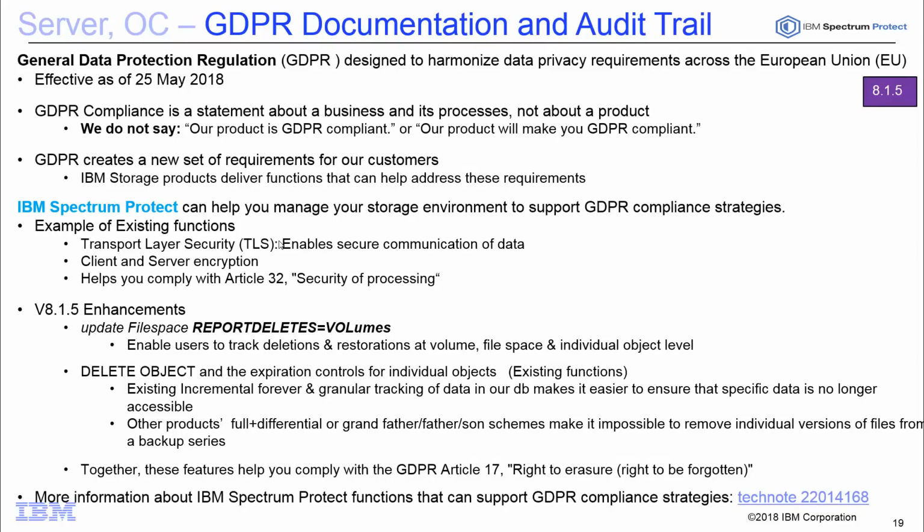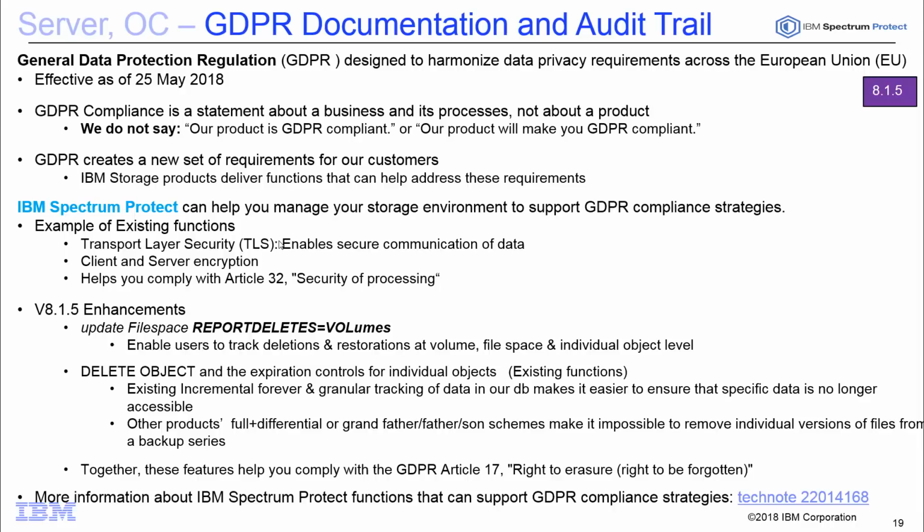On slide 19, Spectrum Protect can help manage your storage environment to support GDPR compliance strategies. As a lot of you will know, General Data Protection Regulations, known as GDPR, are designed to harmonize data privacy requirements across the EU, and these are becoming effective on May 25th of 2018.